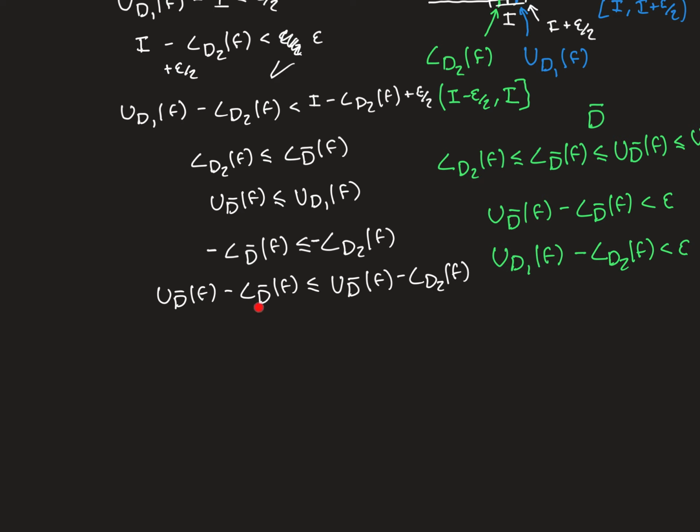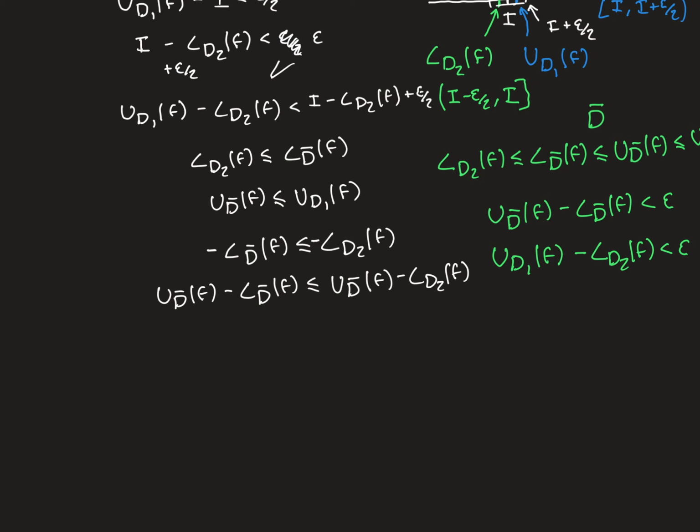So hopefully you can see what we're aiming for now, how this is all going to work. I've got this thing here, and now I've got that it's less than or equal to this. If I could get that this is less than or equal to epsilon, then we'd be in business.